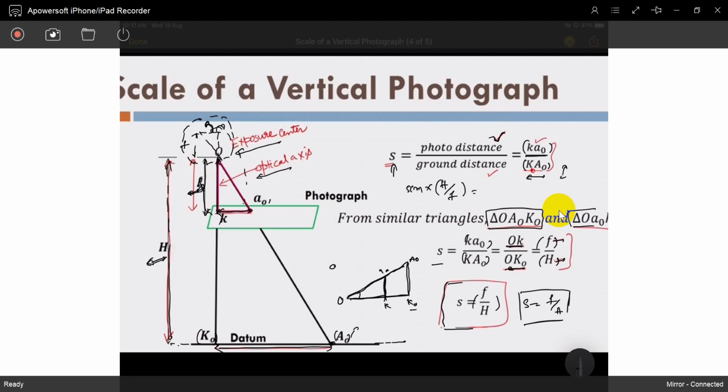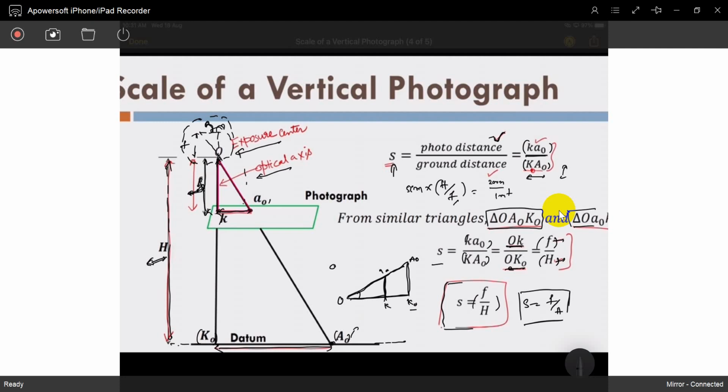Capital H, mostly it's 200 meters, 300 meters, that's enough, divided by a focal distance of maybe 1 meter. So you multiply with 200, and you will get the exact distance of that point from the optical axis on the ground. You will get it now?